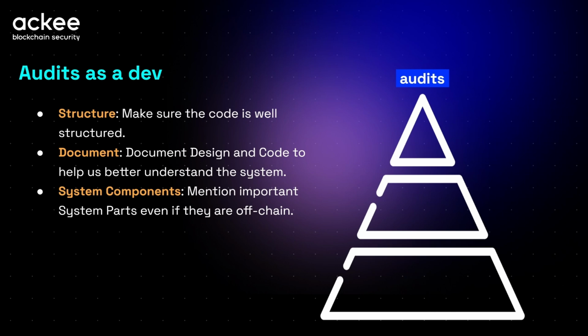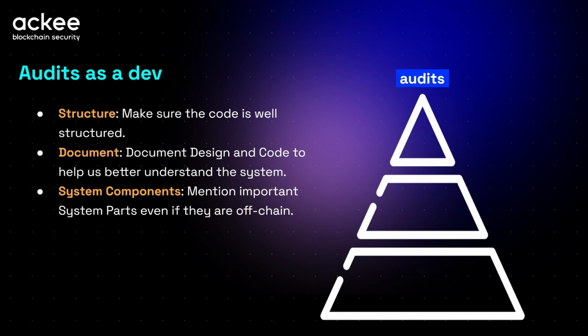Even the system components can be off-chain. The system components not necessarily need to be smart contracts, but for us auditors, all of the components, even off-chain, are really important because we need to understand the architecture of the protocol or the application as a whole, not just the smart contract. So mention everything you think is important.